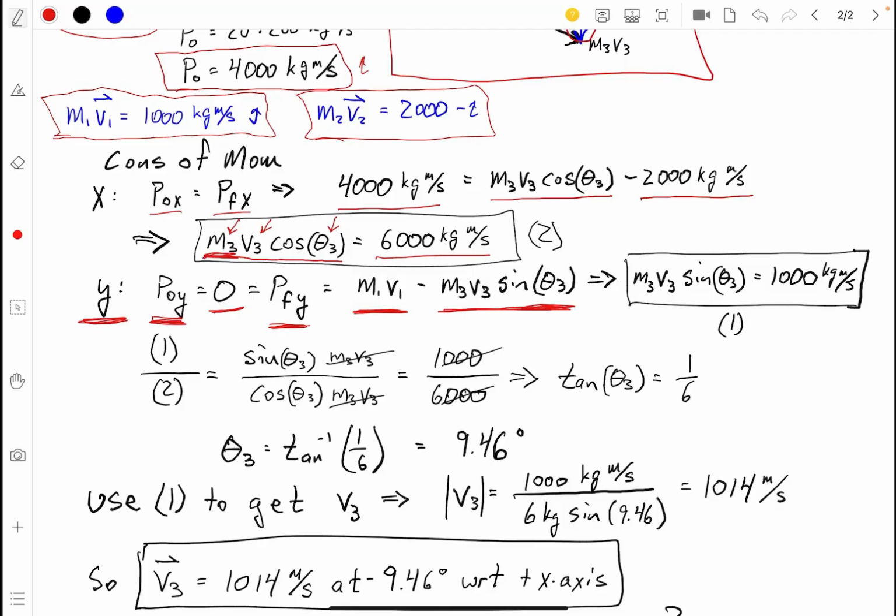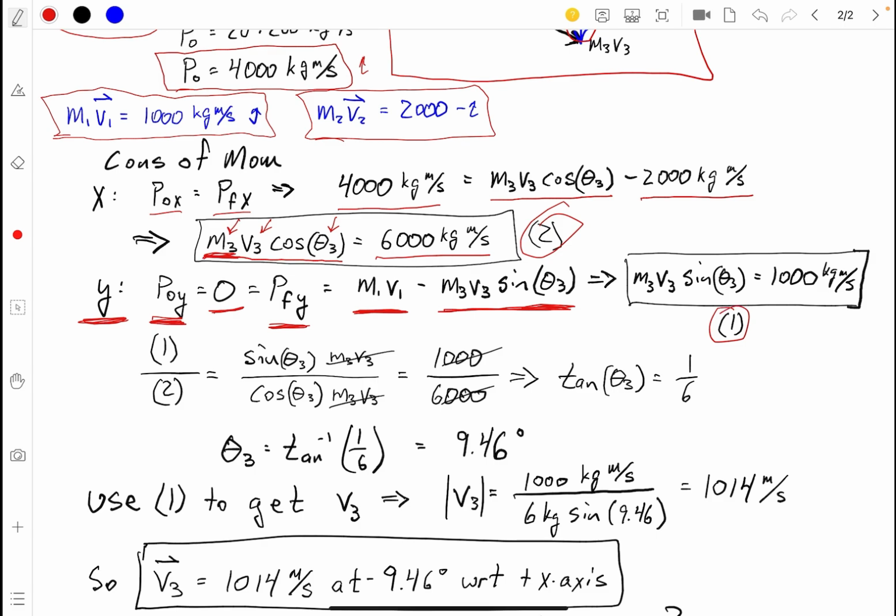Now we've got two equations. We've got this equation and we've got this equation. And we can then take those two equations and do a quick little thing that's so easy. Sine of theta 3 times m3v3, cosine of theta 3 times m3v3.